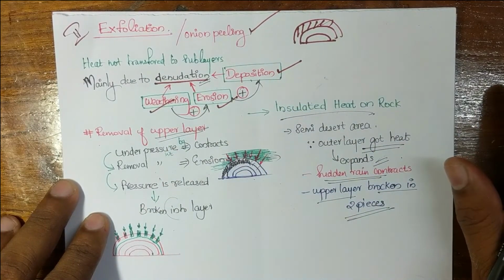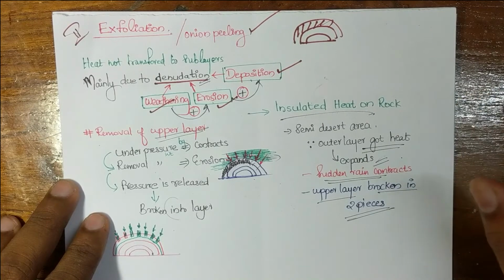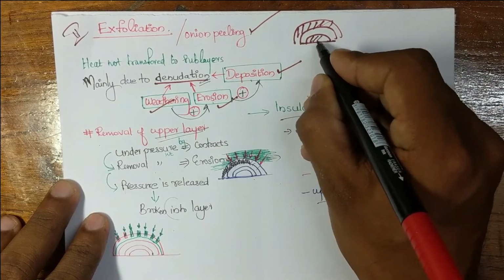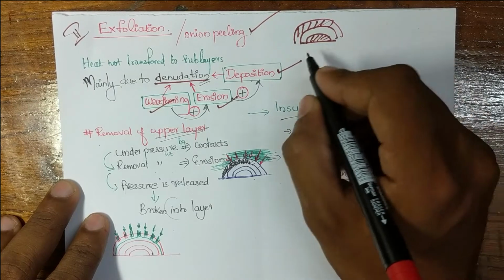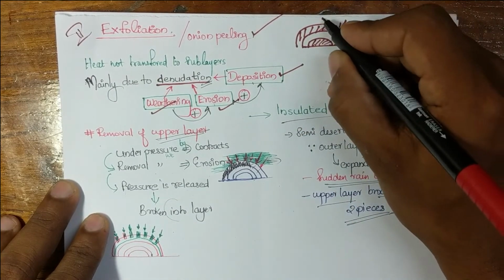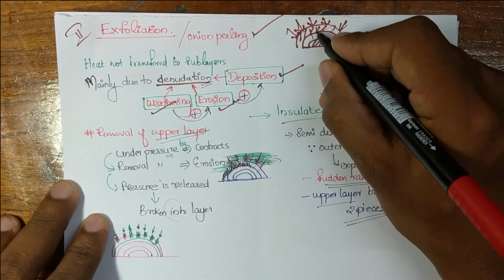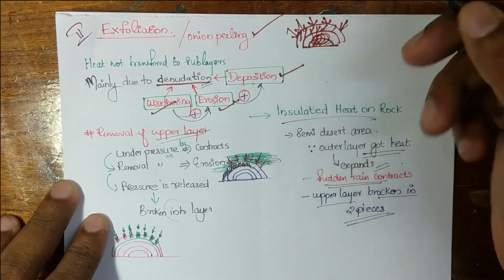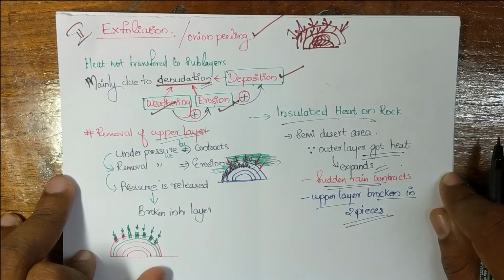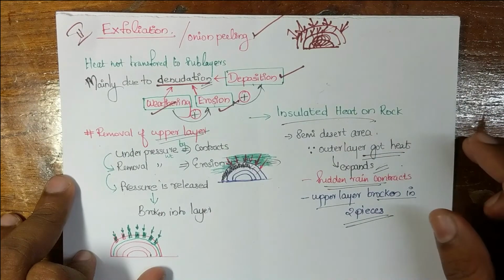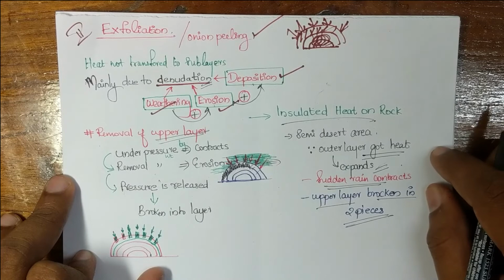In exfoliation, the heat is not transferred to the sublayers because the rocks have so many layers. So when heat falls on a particular rock, the heat may not enter into the sublayers. We can talk about how exfoliation works.